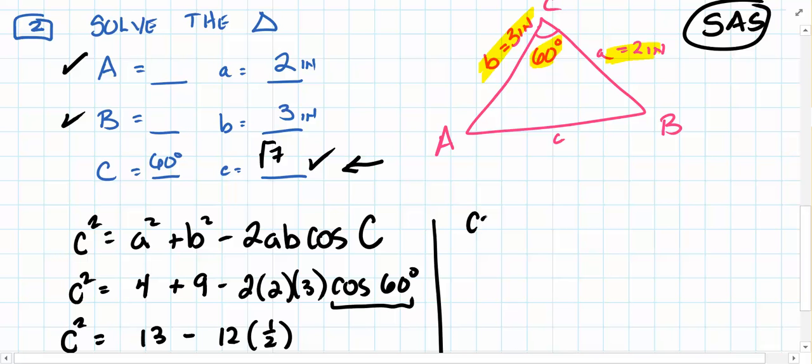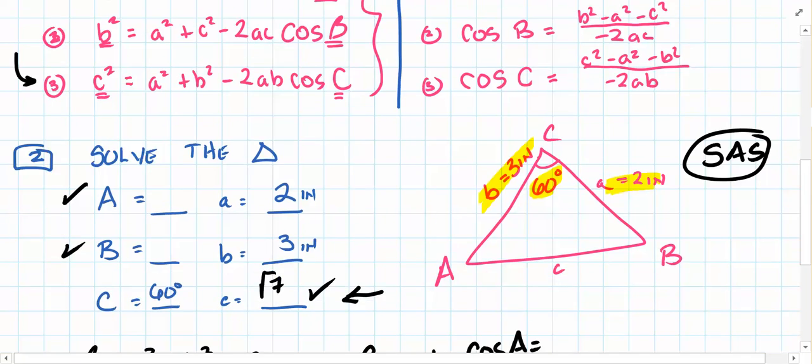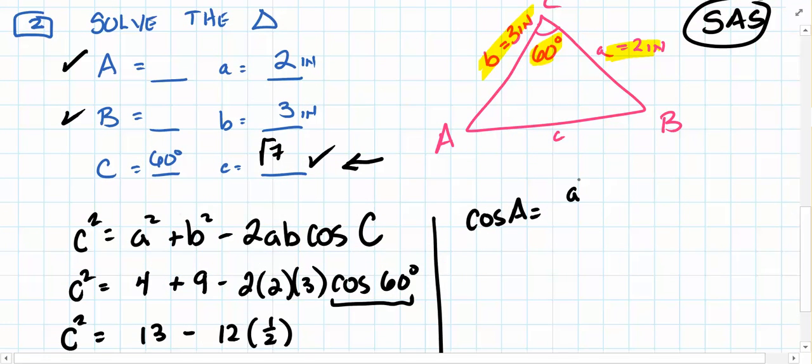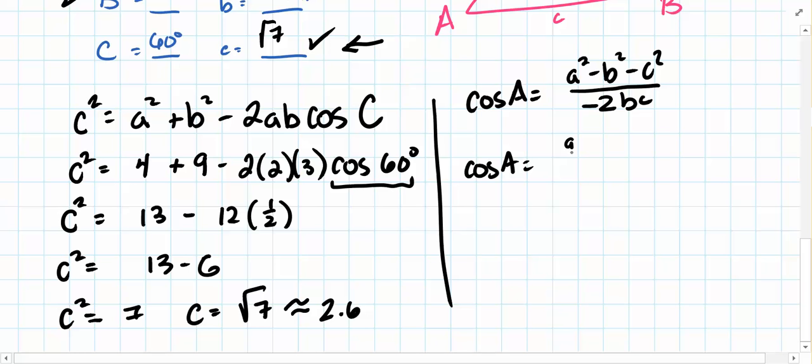So let's do cosine A is equal to, I'm going to use this formula here, you guys. A squared minus B squared minus C squared over negative 2BC. So the cosine of angle A is going to be, what, I got like 9 minus, what's B?